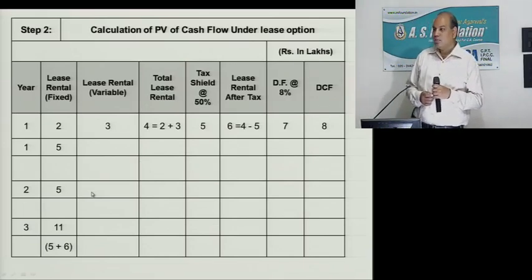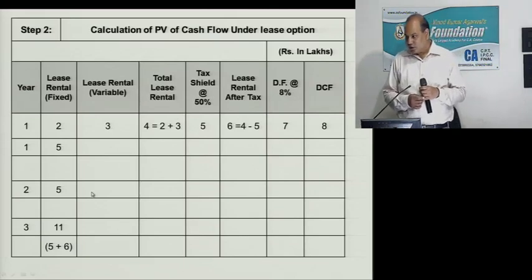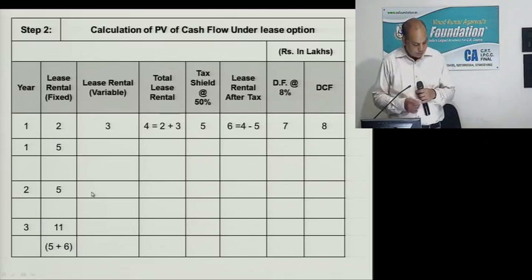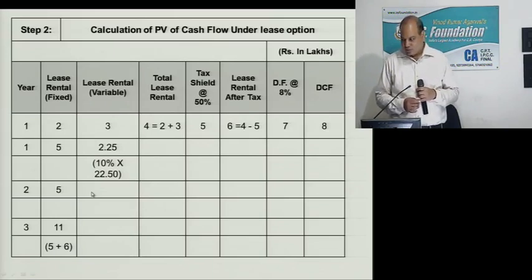Lease rental variable is 10% of revenue. First year revenue is estimated to be 22.5 lakh. So write there in bracket 10% into 22.5 equal to 2.25.